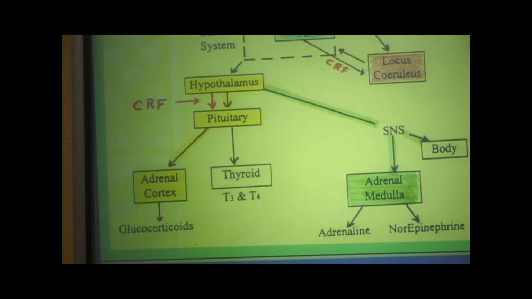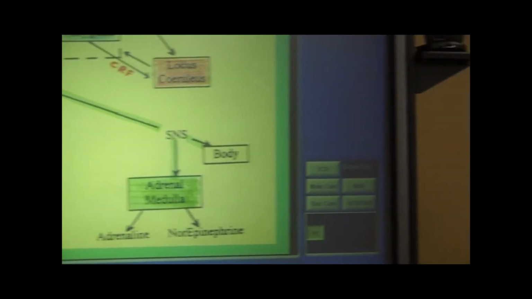At the level of the adrenal cortex, remember the outer part of the adrenal gland, it releases into circulation a group of hormones. If you've been reading Sapolsky's book, you really know about this already. Glucocorticoids, but the most important one in human beings is cortisol, and that gets dumped into circulation, also requiring time to get to other parts of the body.